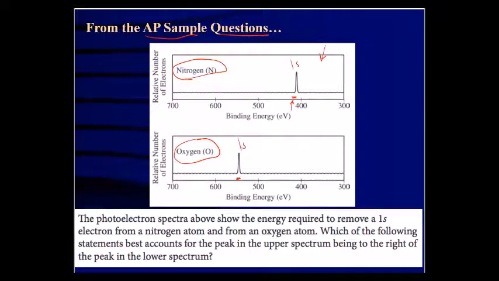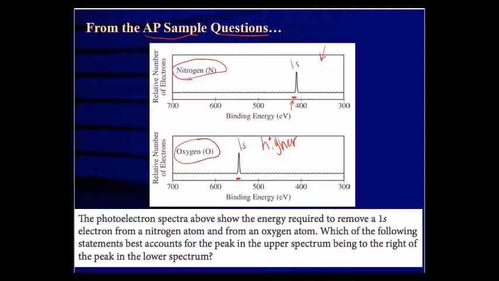What's different about them? The amount of energy, yeah, the binding energy involved. Which one has the higher binding energy? Yeah, oxygen has the higher binding energy. What does that mean about the attractive force for oxygen? It is stronger, very good.